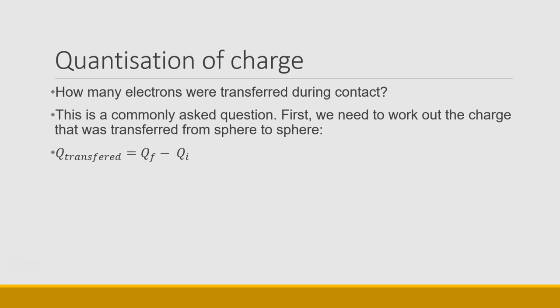And the change in anything, in this case the change in the charge being transferred, is always the final minus the initial. So to calculate the amount of charge that was transferred, we look at the final charge minus the initial charge. And we can do that either for sphere A or for sphere B. We would actually derive the same answer regardless.